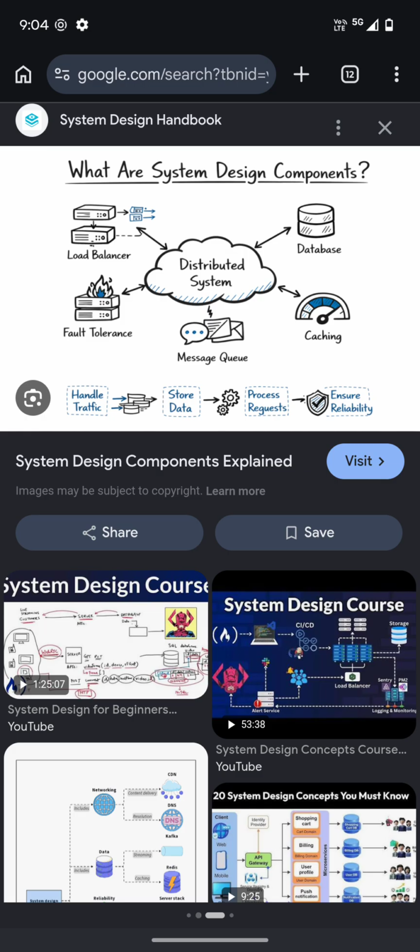Most of the systems are distributed. Most of the systems nowadays are distributed, although we can have client-server models.